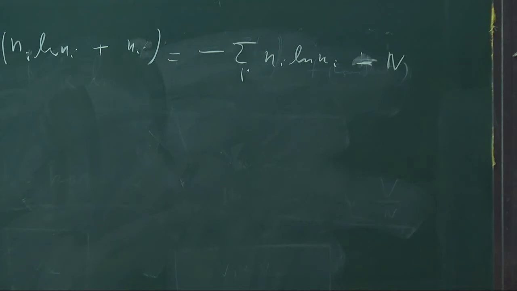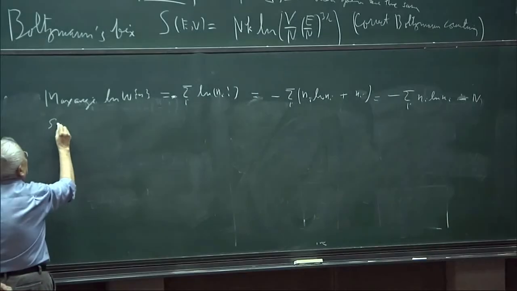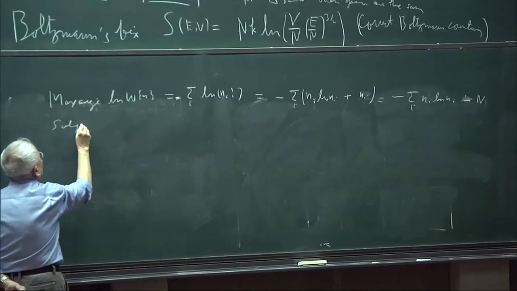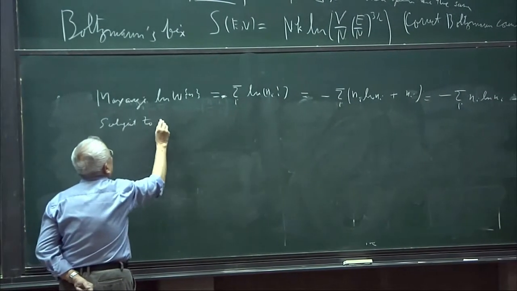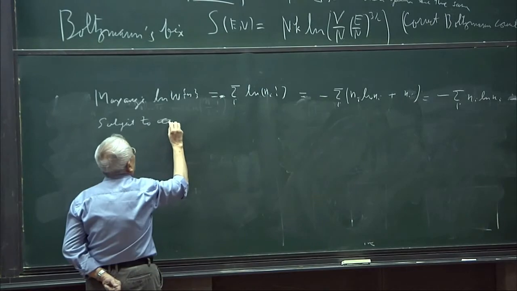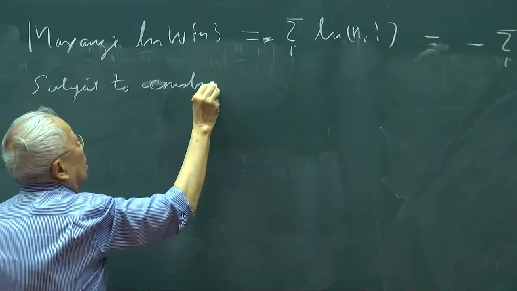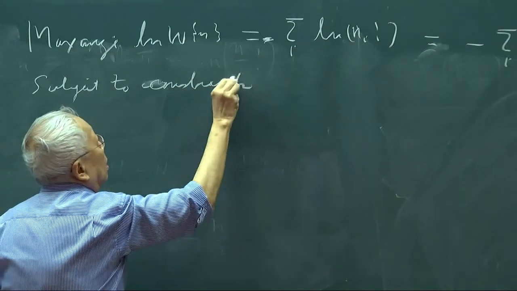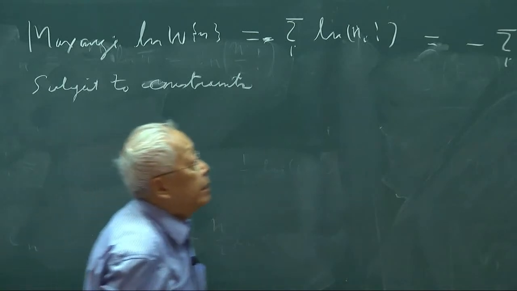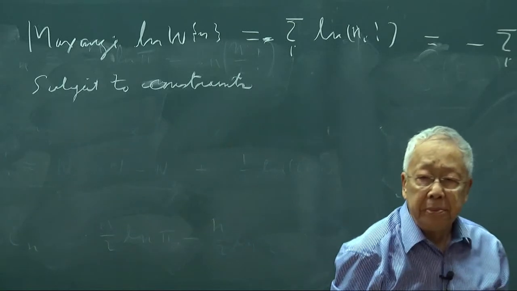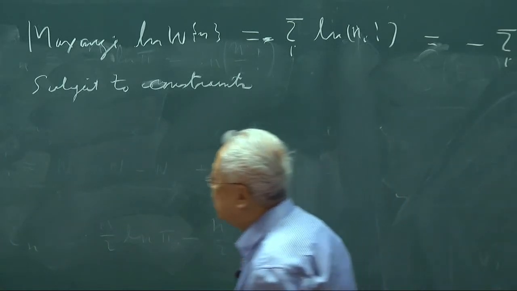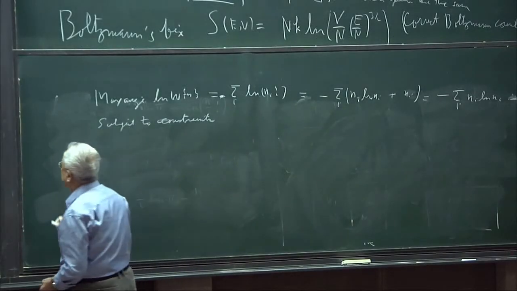But you're subject to the constraints. This means that these N_i's are not all independent. In order to make them independent, we use the method of Lagrange multipliers.